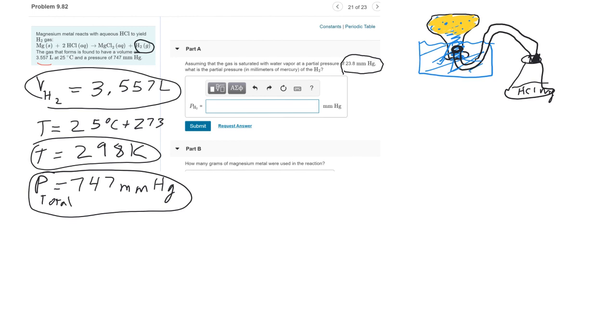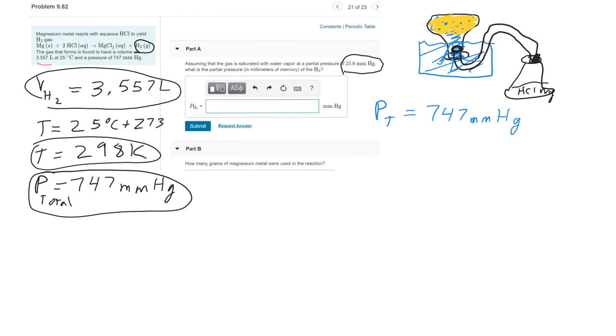Well, part of this classic experiment is that you measure the total pressure of the room. So they did this in this little bit of write-up that they gave us, and they told us that we've got a total pressure of 747 millimeters of mercury.